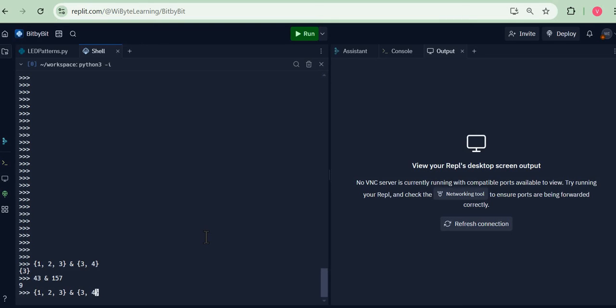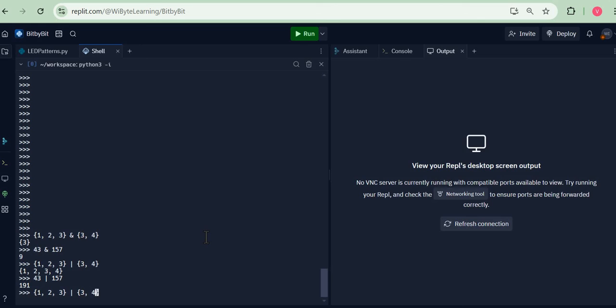Likewise, if we were to do a union, I'll end up with 1, 2, 3, 4, because it'll combine the values that are in either of the two sets and put them in the new set. But if I were to do 43 and the pipe operator, now this is a bitwise OR and we know this is 191.